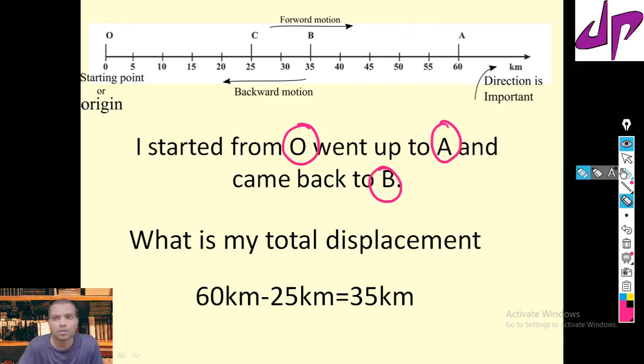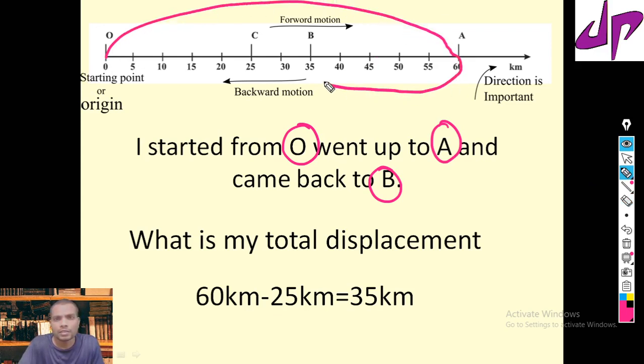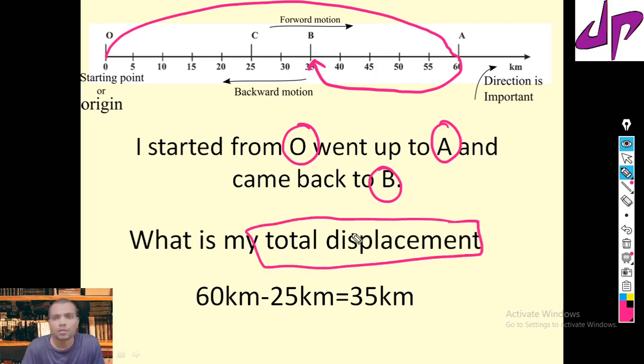I started from O, went up to A and reached back to location B. Now I want to find my total displacement. To find the total displacement, we need to depend upon the initial point and final point. So O is my initial point and B is my final point.